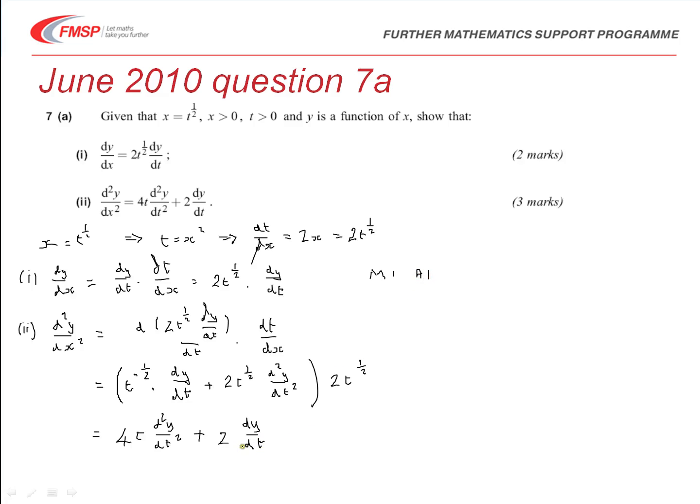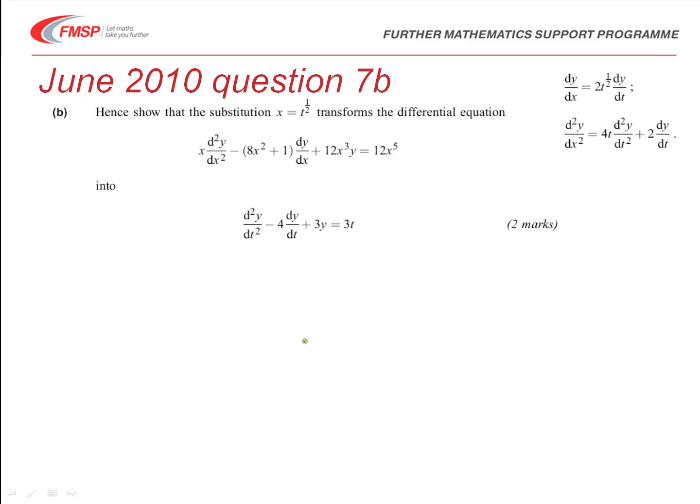And again in the second part, for differentiating with respect to t and multiplying by dt by dx, you get a mark. For then using the product rule to do that differential you get a mark, and then finally for coming up with the correct result from there you'll get an accuracy mark, for your total of 5 marks.